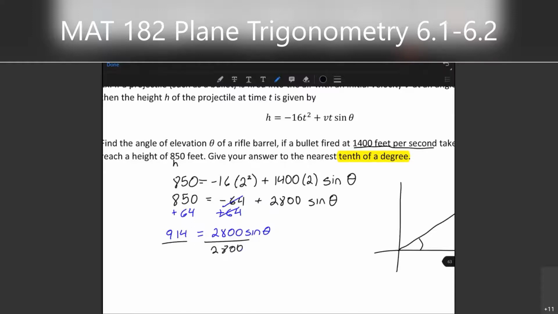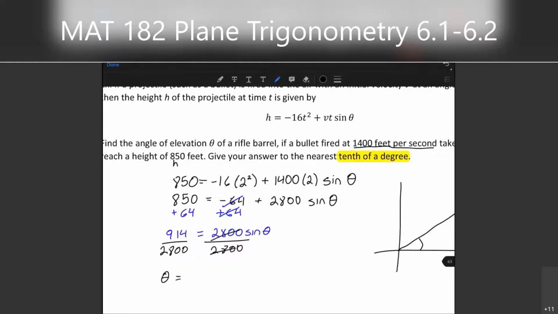And here, I would recommend just keeping it like this fraction because we can work with it just like this. So we know that sine of theta is equal to this ratio right here. Don't worry about reducing this or putting it into a decimal. Just leave it like this ratio. And how would I solve for theta at this moment?